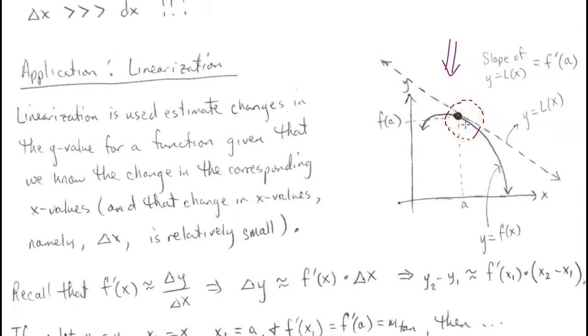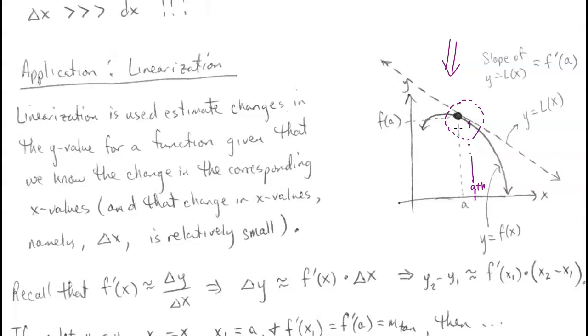So if I want to give a quick estimate of what f of x is doing around x equals a, or real close to it, let's say if I wanted to go from x equals a to x equals a plus h, a small incremental change, I could use my equation of the tangent line to make that estimation.